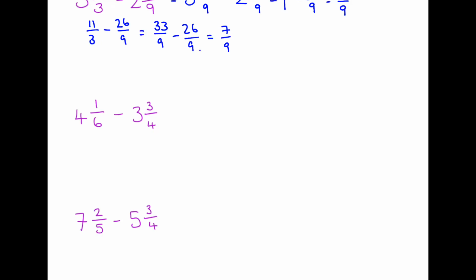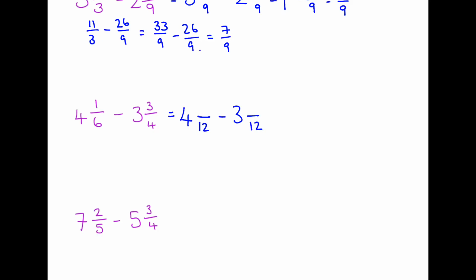So, last one then. 4 and a 6 take away 3 1/4, so it's going to be 4 and a fraction take away 3 and a fraction. The lowest common denominator, if we've got 6 and 4, is going to be 12ths.